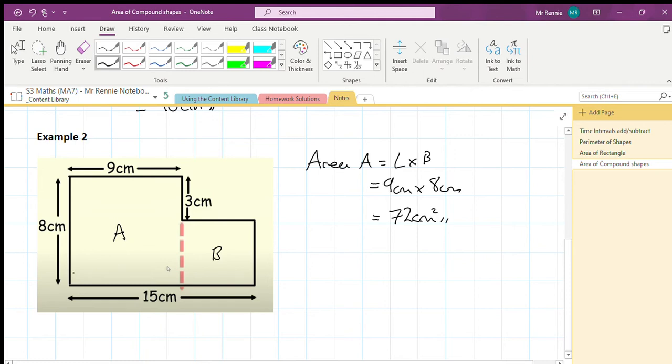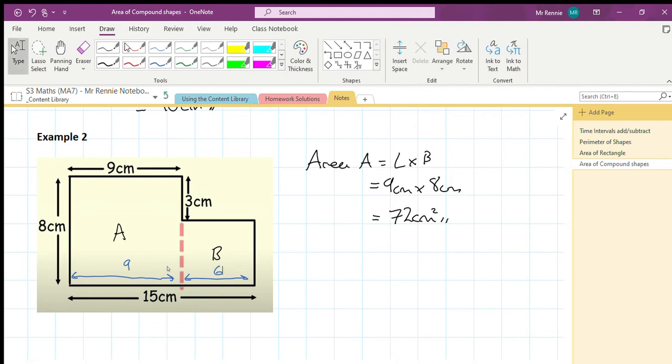It's probably better if I draw this. I know that area A goes along 9 here. The question is, what goes along here to make 15? 9 plus something has to give me 15. This bit would have to be 6 centimeters because 9 plus 6 gives me 15. So the length of this shape B is 6.